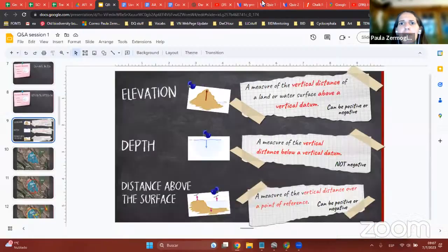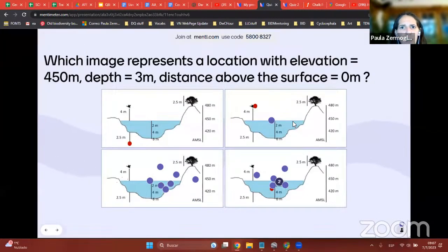So going back to our quiz here, you see this is our reference surface to determine distance above or below the surface. It is the interface between the water and the land at the bottom of the lake.